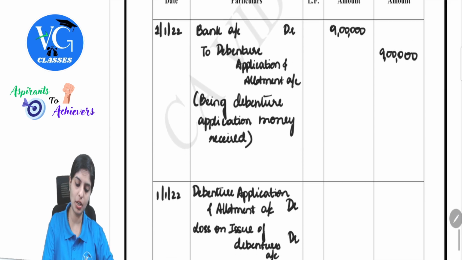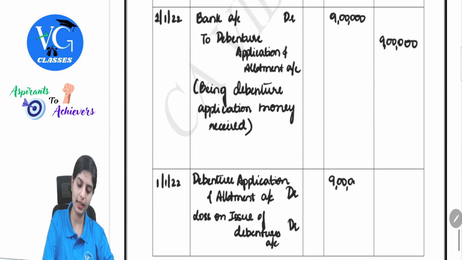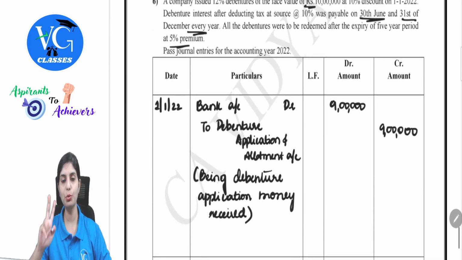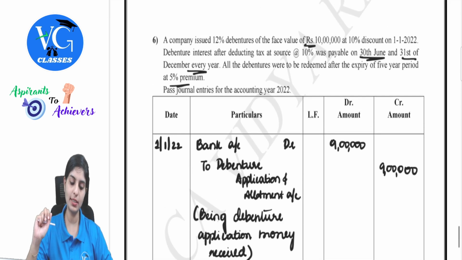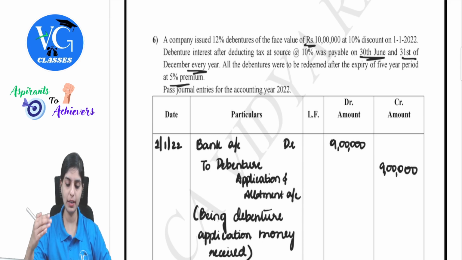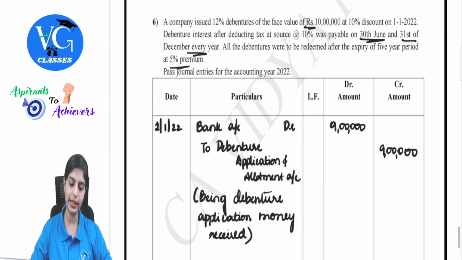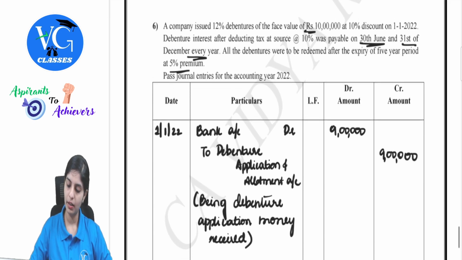So debenture application and allotment, you had taken at 9 lakh. Loss on issue would include two things: one, discount on issue, and one more, premium on redemption. So discount on issue is 10%. If I express it on 100 rupees, this will be 10 rupees, and there is 5% premium, so that would be 5 rupees. In monetary value, 10 lakh into 10% will be 1 lakh, and 10 lakh into 5% will be 50,000.